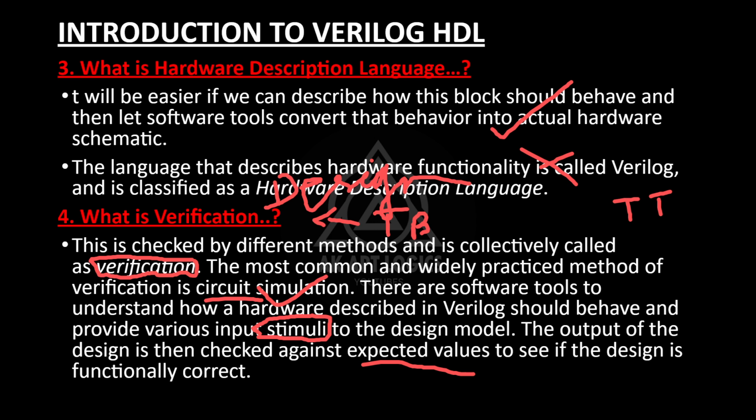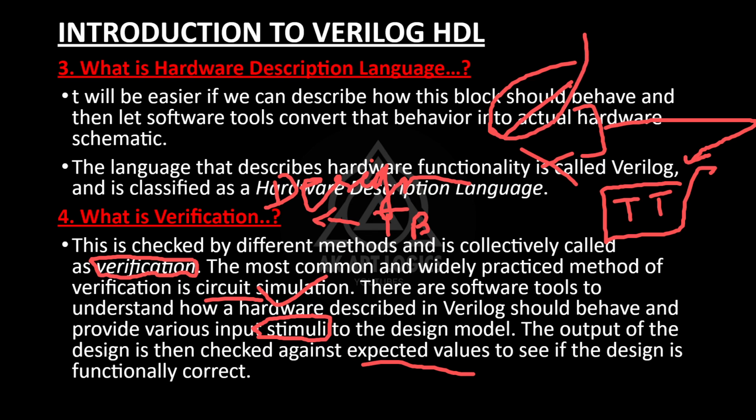We must compare with some values. Our reference is the truth table. If you get the functionality of the truth table, then we can say the circuit is correct. If you didn't get the functionality of the truth table, we can say the circuit is wrong. That's the thing; here the expected value is that.